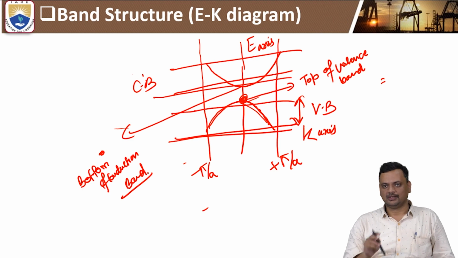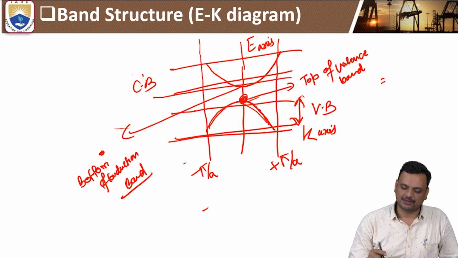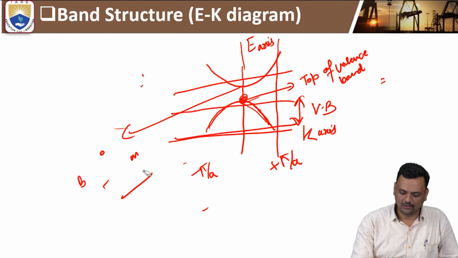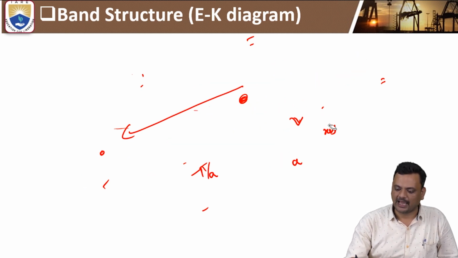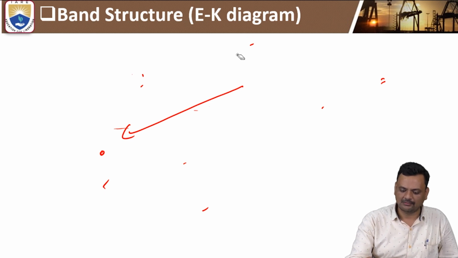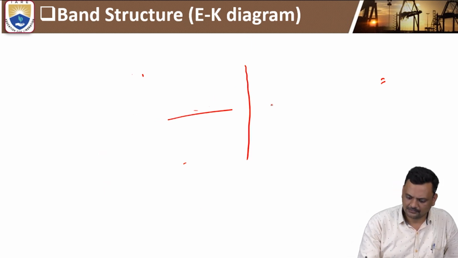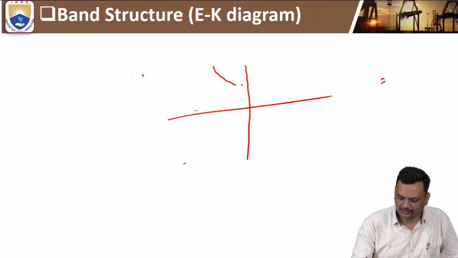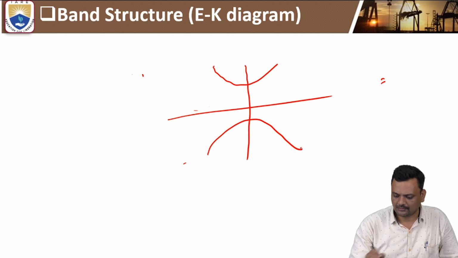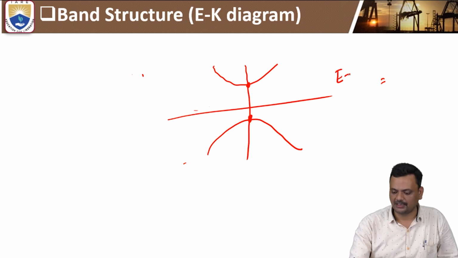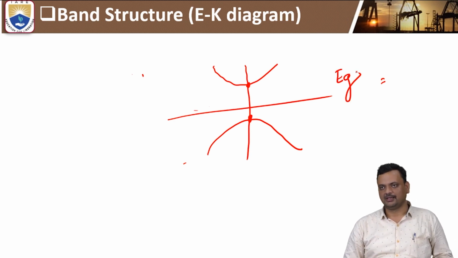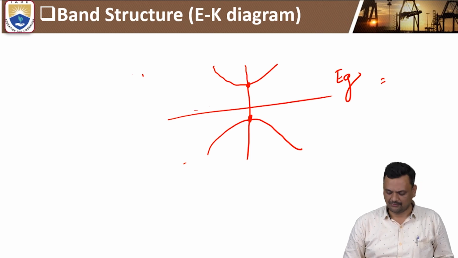These two points are very, very important. If you know these two points, then only you can determine the energy band gap value. The energy band gap value means the difference between this point and this point, which is characterized as Eg. I think this is okay for today's video lecture.